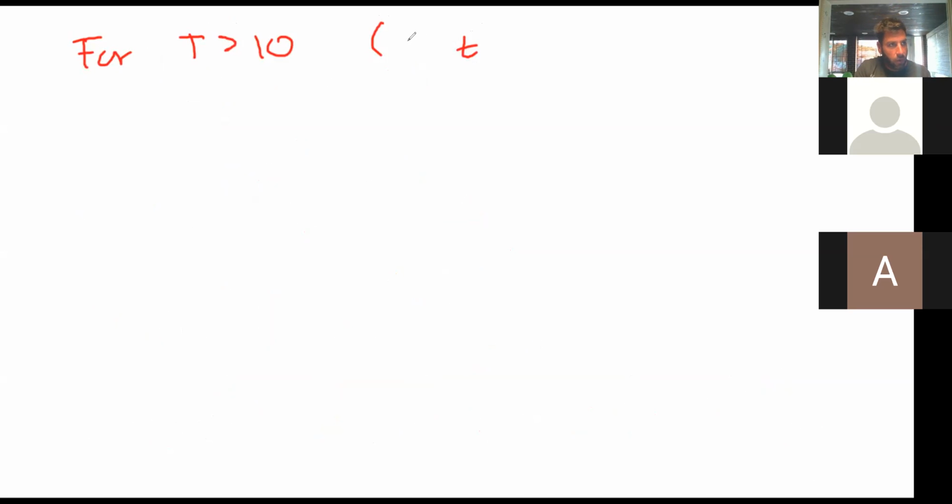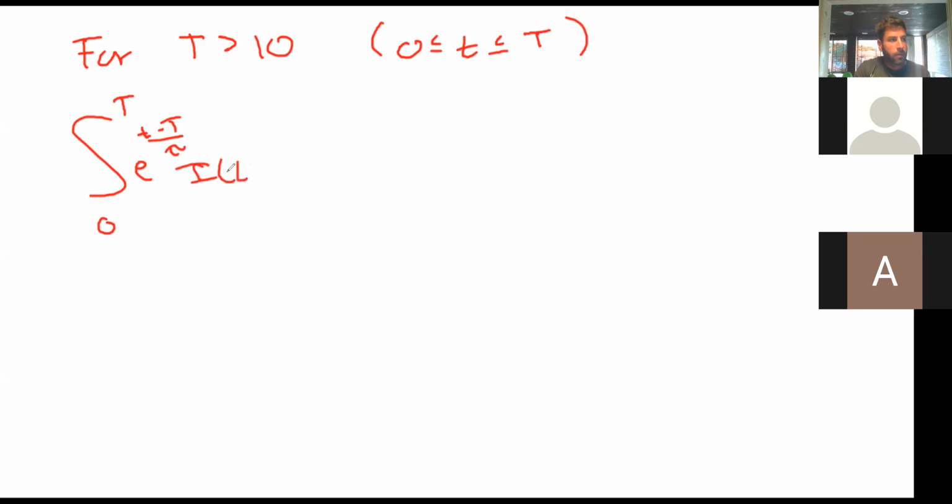Well, that can range, again, from 0 all the way up to capital T, obviously. And let's look at this integral. From 0 to t, e to, of course, it's t minus capital T over tau, I of t. But remember, when t is bigger than 10, we're not interested in what happens.